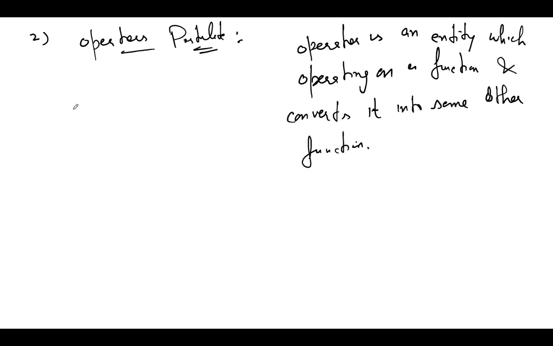So if we have an operator P, when it is applied to our wave function psi, it converts our wave function into some other entity, phi. Here P is the operator, psi is our wave function, and phi is our transformed function.